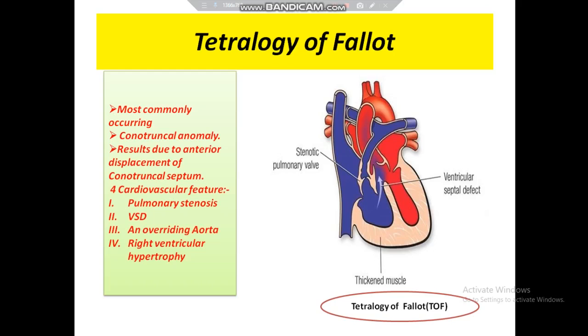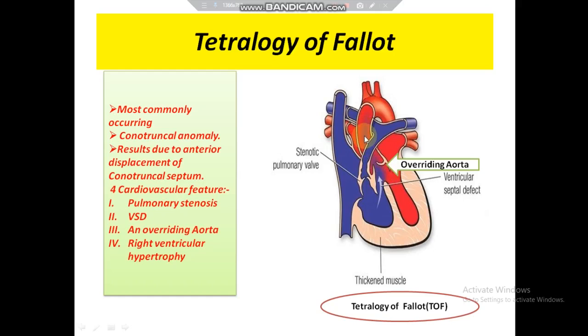Due to that, the right ventricle wall thickens, it is hypertrophy. At the same time, with this arrow, we will see there is overriding of the aorta. If we see this aorta, it is just above the ventricular septal defect. That means the blood from both ventricles, the right as well as the left ventricle, flows to the aorta.